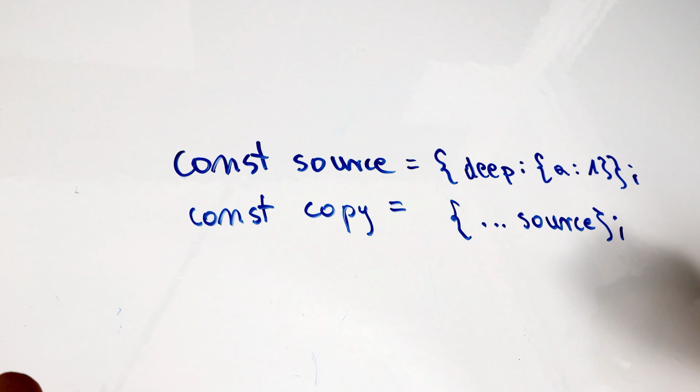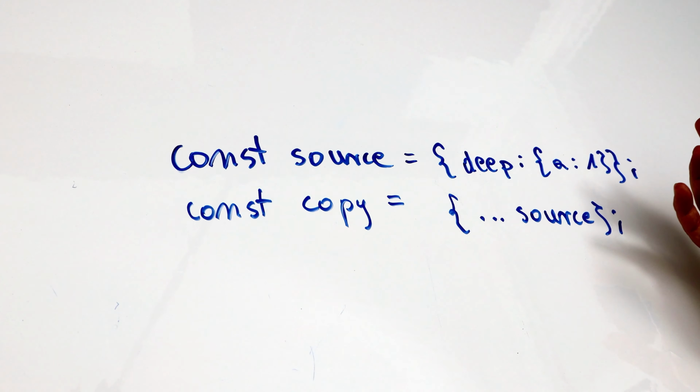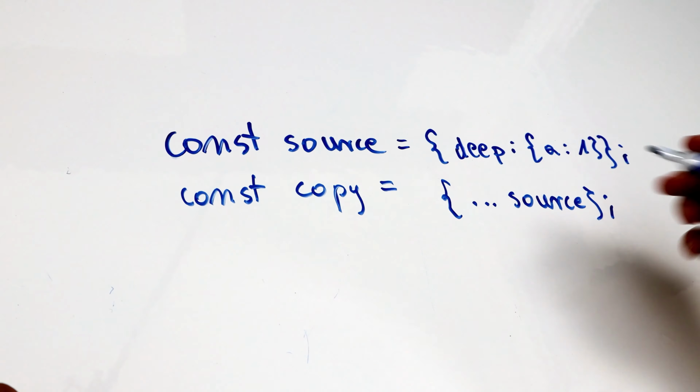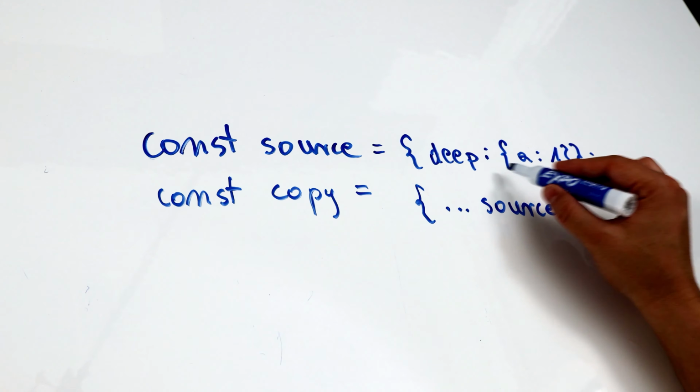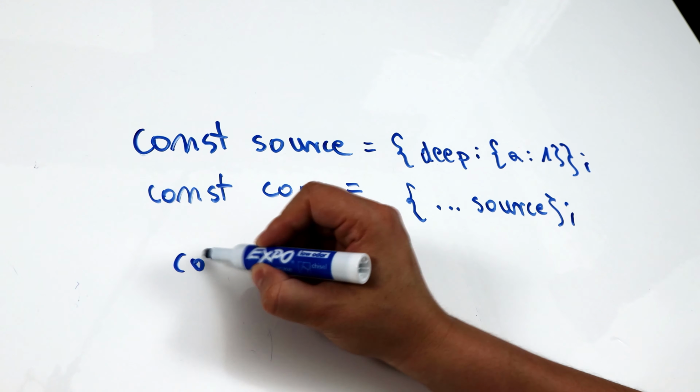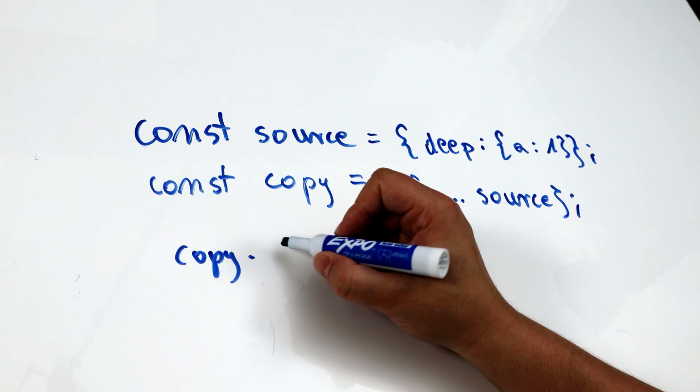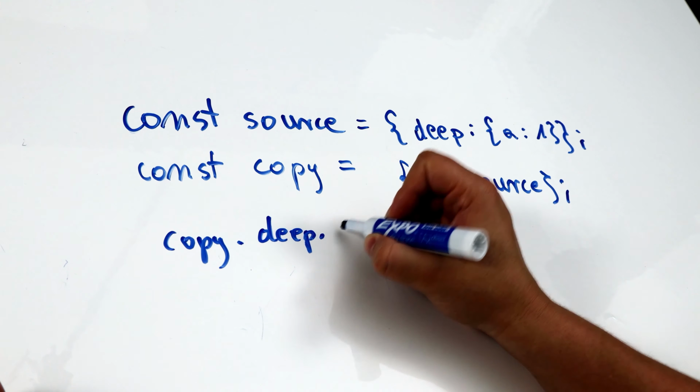And now we are creating a copy of the object. Now, if I change the deep value of the copy object, copy.deep.a equals 2.